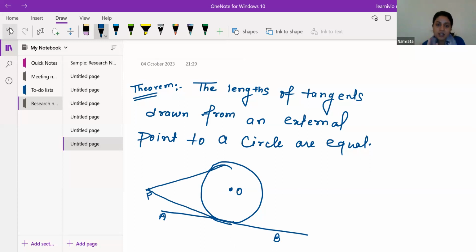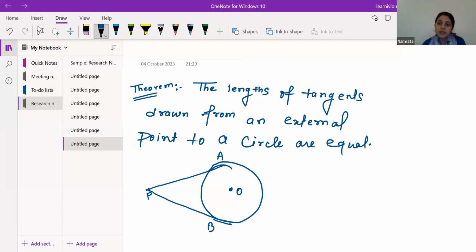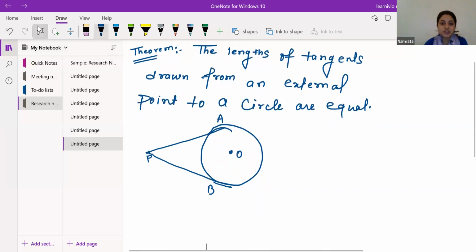This theorem we have already covered in the previous class. Can you recall this theorem, both of you? I'm not talking about this AB. I'm talking about P, from an external point P. If we are drawing PA and PB, PA will be equal to PB, right? Yes, ma'am. That one we have covered in the previous class.